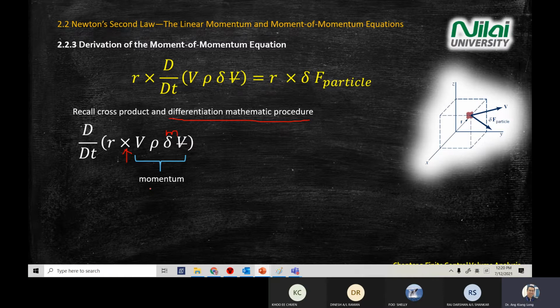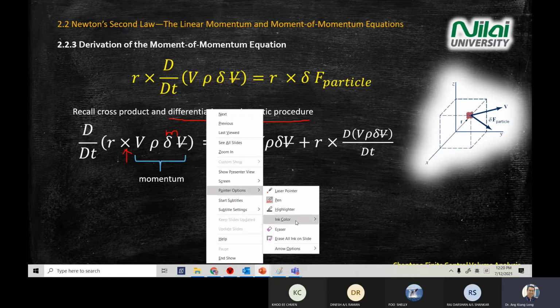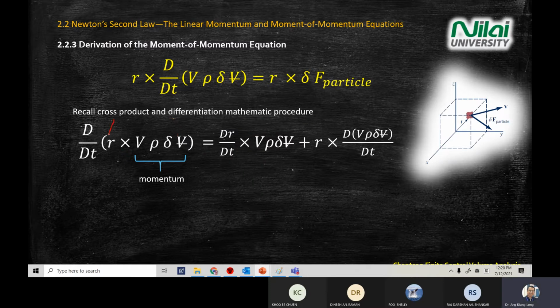All right, so I'm going to extend this equation on your screen. So equal, if you do differentiation of, okay, let me erase my pen. It will be like you're doing a differentiation of A cross B equation. This is the first part. This is the second part.